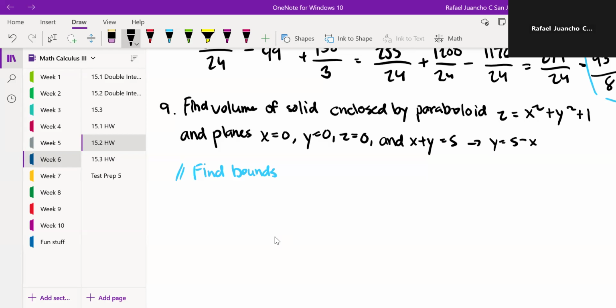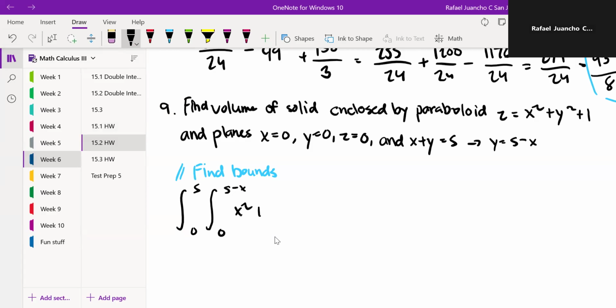Well, when x is 0, y is 5. And when x goes to 5, y is 0. Because it's bounded by y equals 0. Right? And so the limits of x are from 0 to 5. Then the bounds of y are from 0 to 5 minus x.